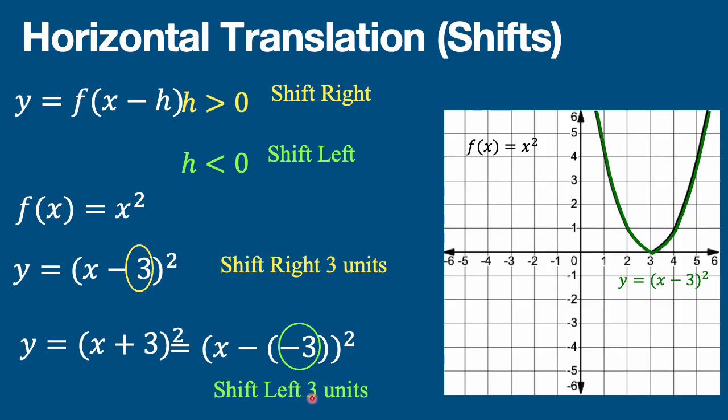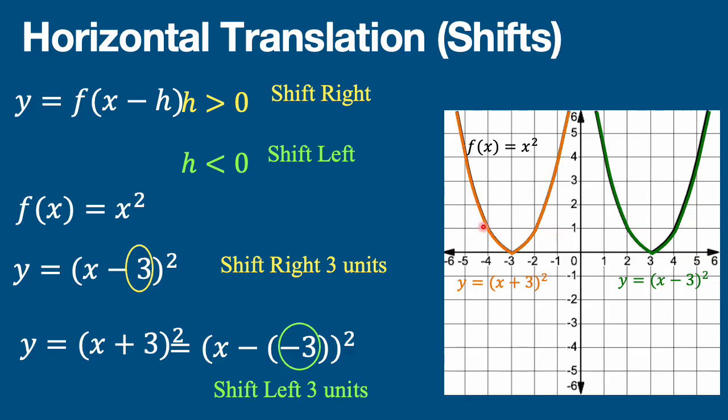How much? 3 units. Now, the original function is right here. You're gonna shift left 3 units. Move everything to the left, which means change the x value. 0 goes to negative 3. Here 1 goes to negative 2. Here negative 1 and 1 go to negative 4 and 1.